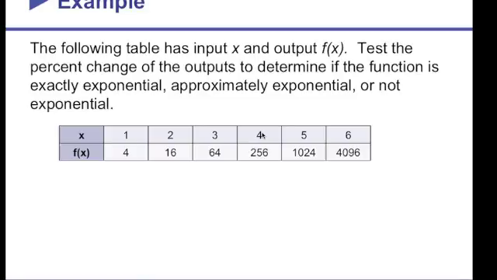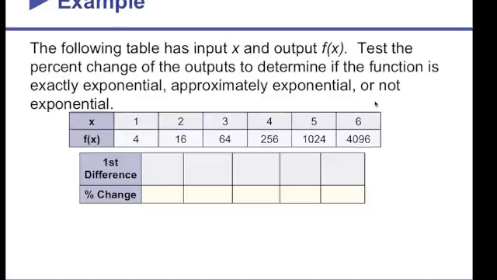And let's see how that actually happens. Here we have a set of data with the input x and the output f of x. Test the percent change of the outputs to find if the function is exactly exponential, approximately exponential, or not exponential. And here's how we do that.